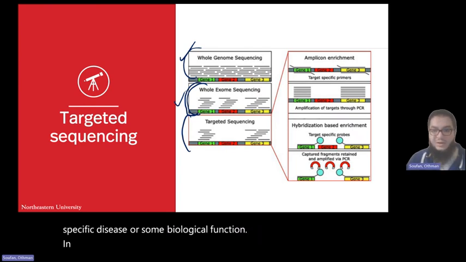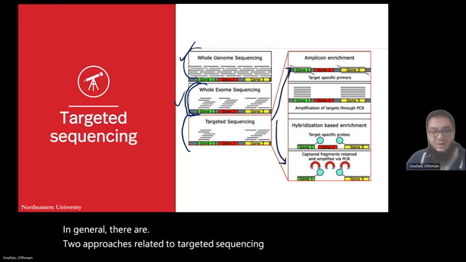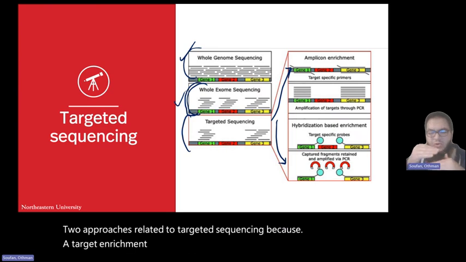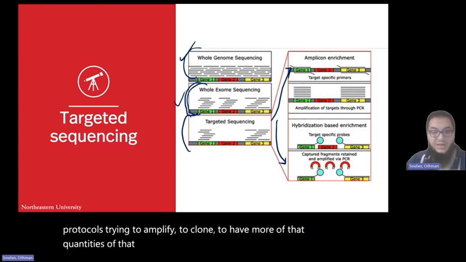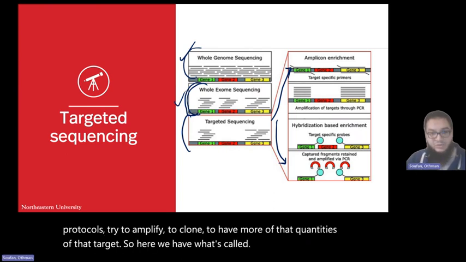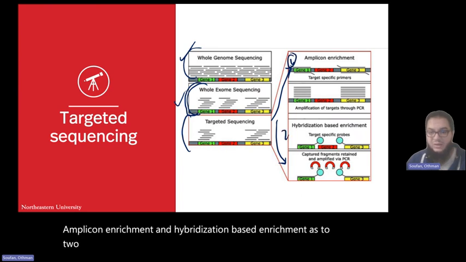In general, there are two approaches related to targeted sequencing, because target enrichment is always part of any of these protocols: we try to amplify, to clone, to have more quantities of that target. So here we have what's called amplicon enrichment and hybridization-based enrichment as two different ways.